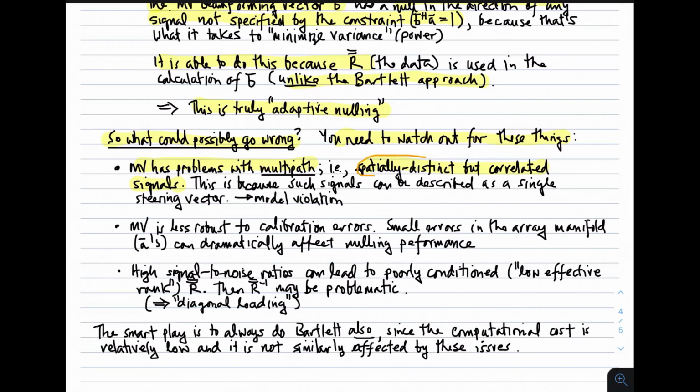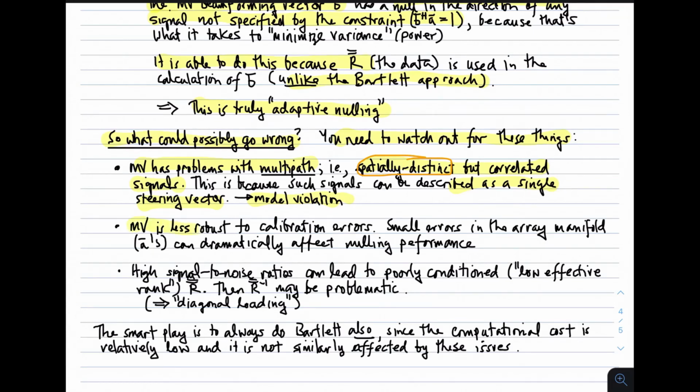Spatially distinct means arriving from different directions, and correlated means they came from the same transmitter but took different paths to get to the array that's doing the processing. So this is a problem because multipath signals, these correlated signals, can be described as a single steering vector even though they come from different directions. And that typically does not go well in MV processing.